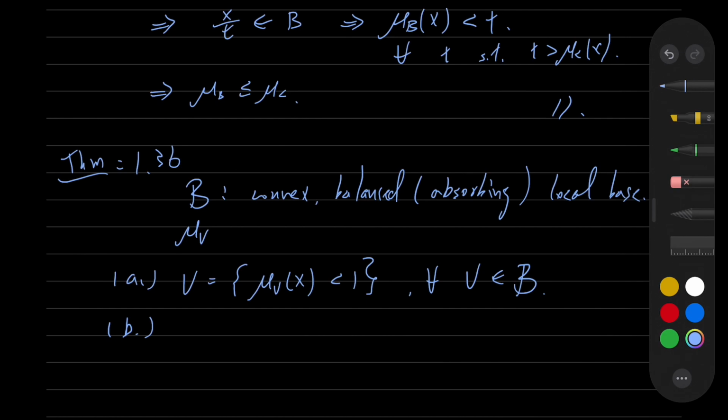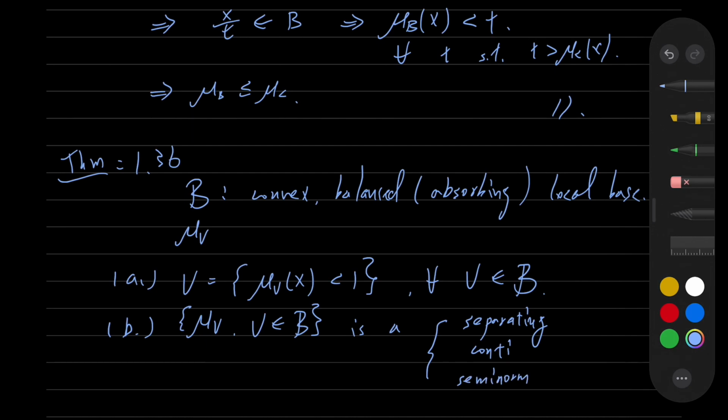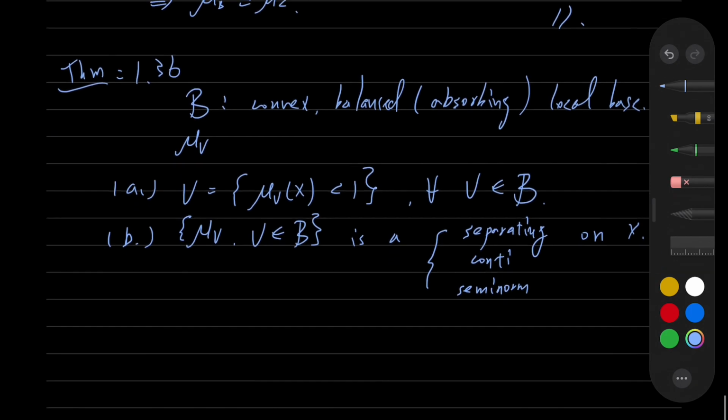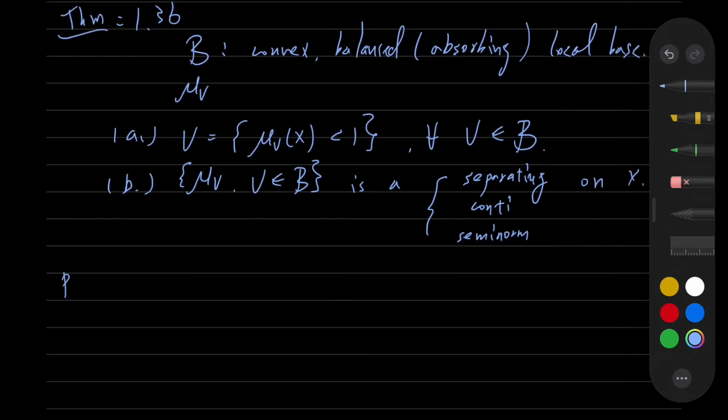And second, this family of Minkowski functionals, where v is in a local base, is a separating continuous seminorm on X. The fact that it is a seminorm we already proved in the previous theorem. So we will prove the other two properties.